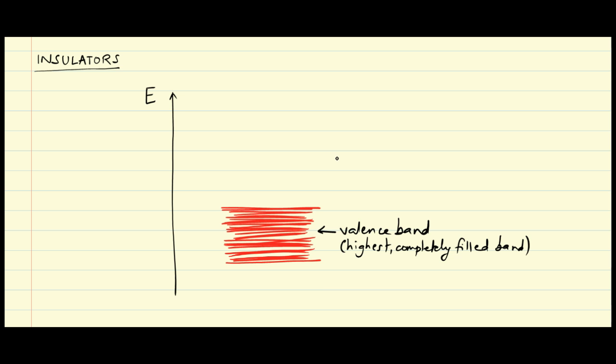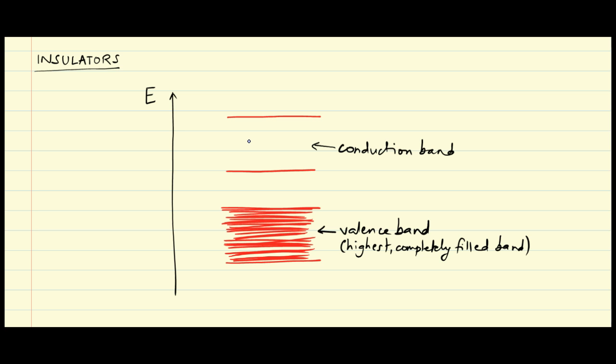Now, if you recall, the next higher energy state after the valence band is called the conduction band. So the conduction band in an insulator, I can schematically draw it like that. So basically that's the conduction band. And you may also recall that in metals, that is in conductors, the conduction band is partially filled with electrons.